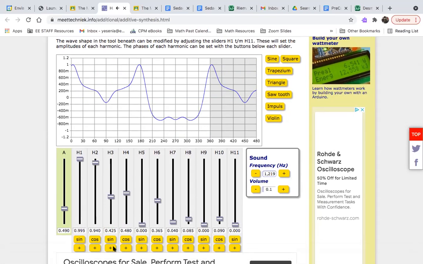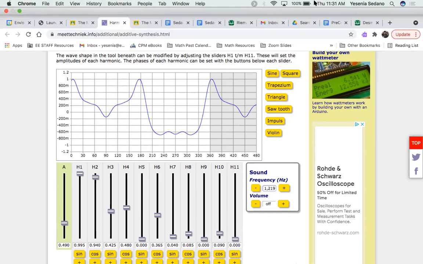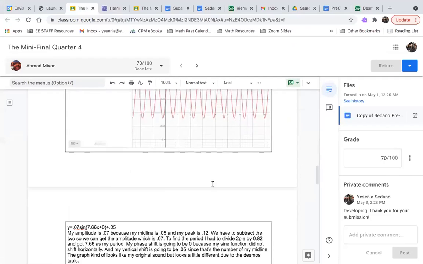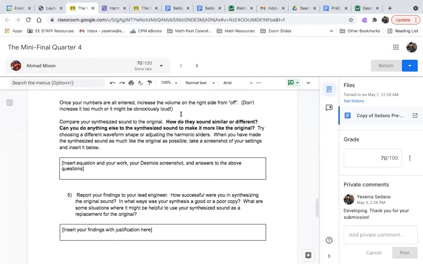So yeah, you're basically gonna mess with the harmonics, or you could try any of these. Once you're satisfied, like, okay, this is the closest I can get, take a whole screenshot and put that in for number 4. Once you do that, you're gonna go back to your number 4 and just finish answering the questions. There's just 2 questions for you after you put your screenshot.